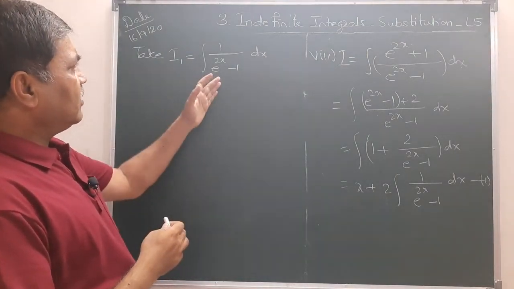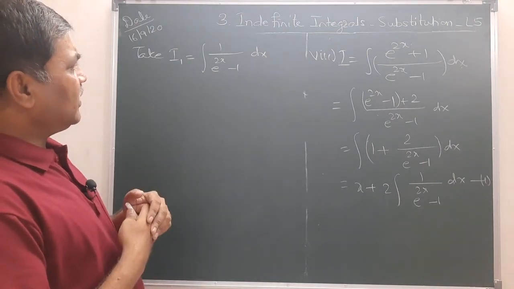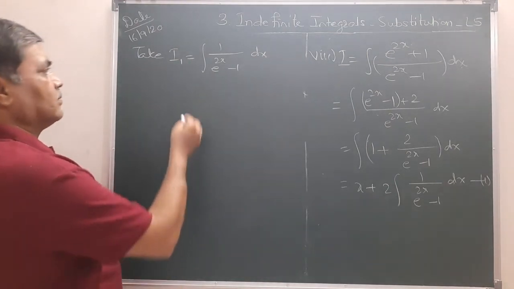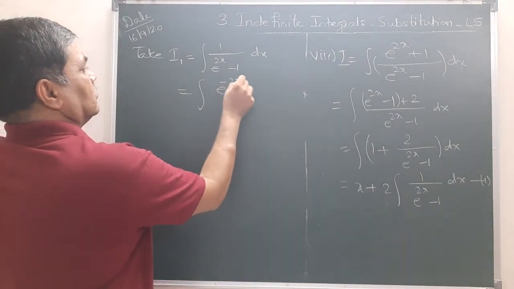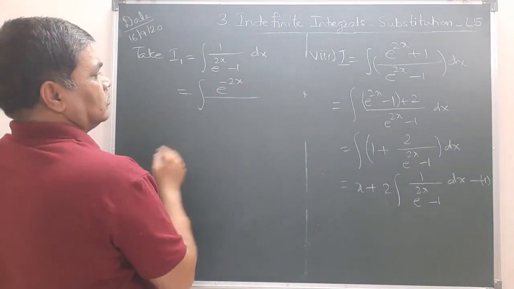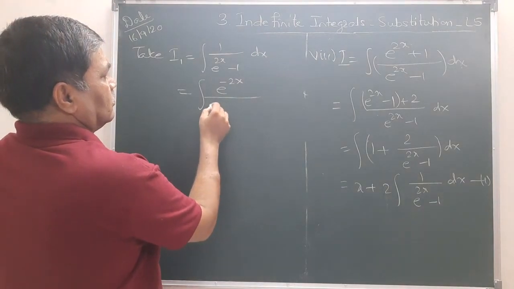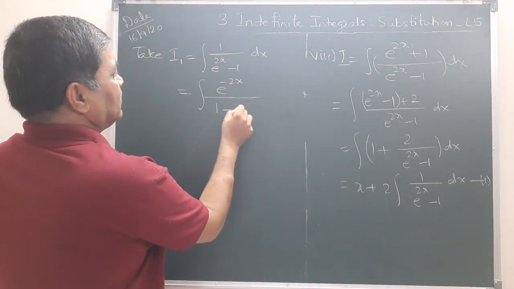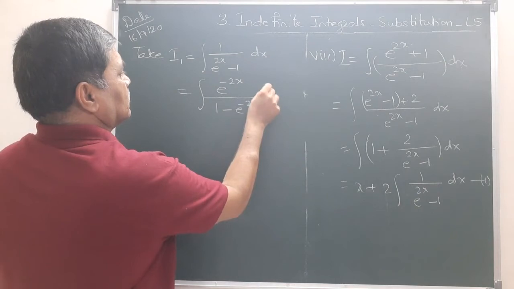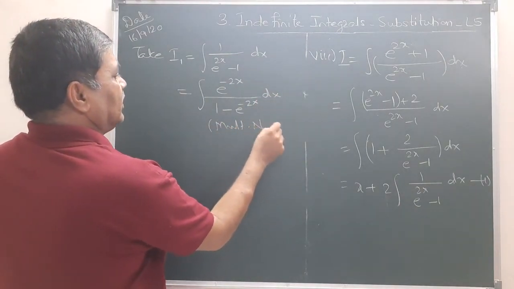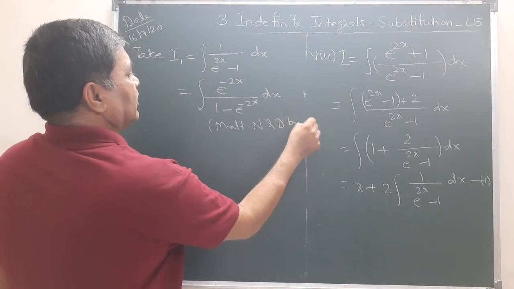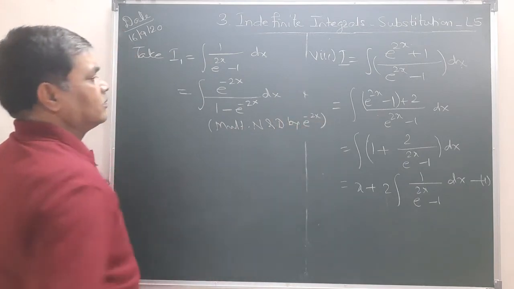If I multiply its numerator and denominator by e raised to minus 2x, we will get e raised to minus 2x upon 1 minus e raised to minus 2x.